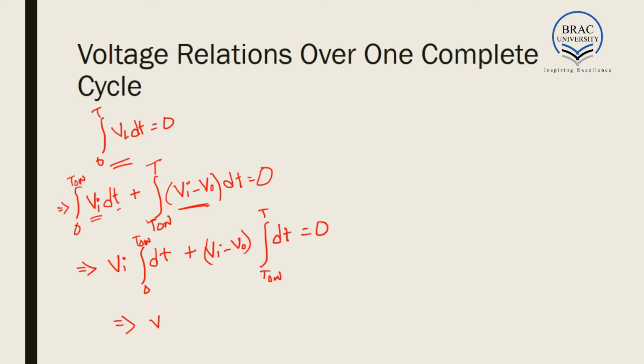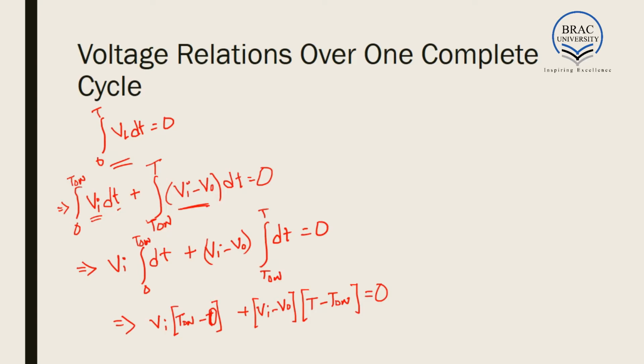From this we can find VI into t on minus 0, plus VI minus V naught into T minus t on, is equal to 0. Sorry, here it is not t on minus T, it would be t on minus 0. Okay, so we get this equation.